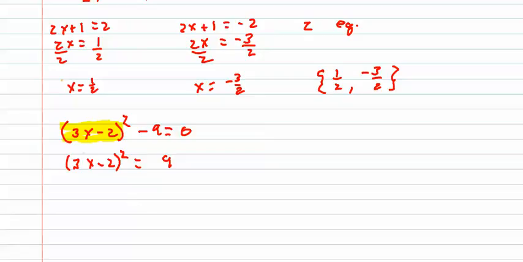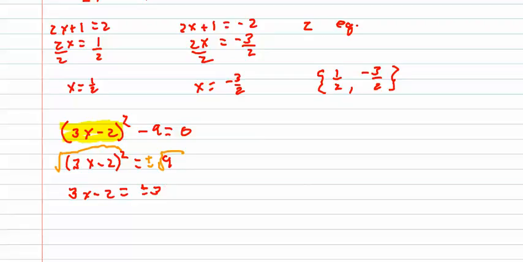And then we take the square root of both sides. And always, I didn't say this, but the plus minus always goes with the number, not with the expression that has the variable in it. And the square root of 3x minus 2 quantity squared is 3x minus 2 equals plus or minus 3.